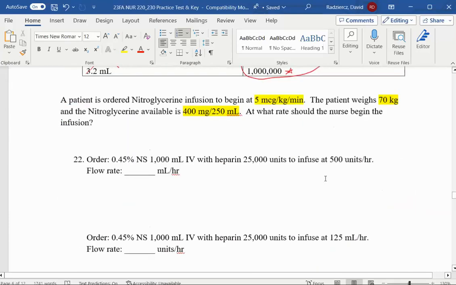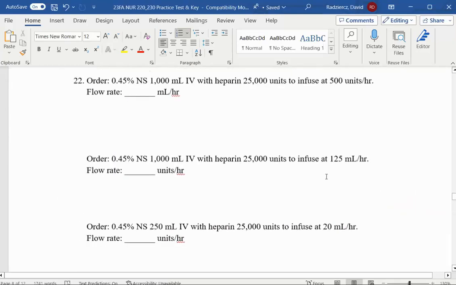So for the infusion rates, let's talk about those for a moment. This first one on heparin says we have 1,000 milliliters, or a liter, IV of heparin, 25,000 units. It's currently set to infuse at 500 units per hour. What is the flow rate in milliliters per hour?